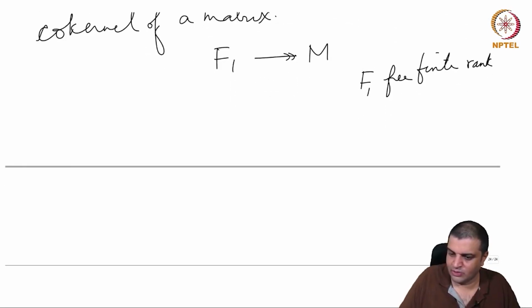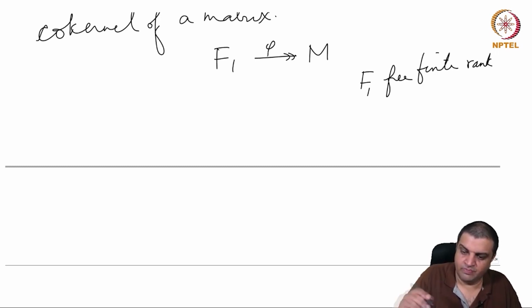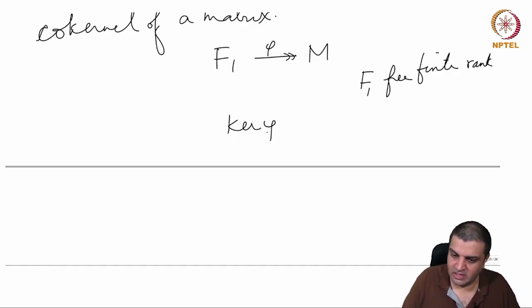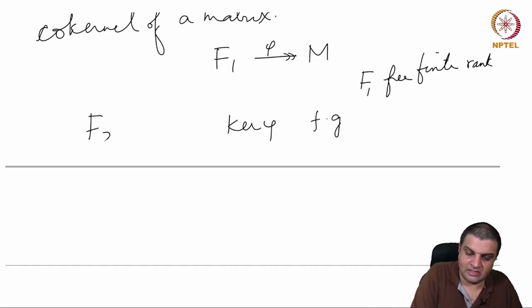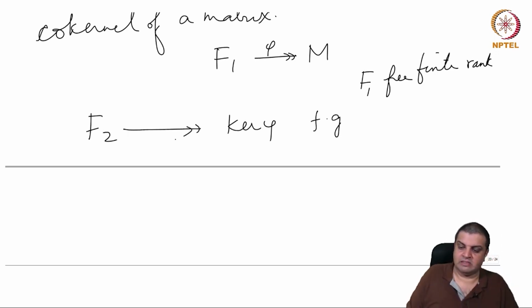Dimension is not a word used in this context; it means something else. So this is phi. Now, the kernel of phi is again finitely generated.